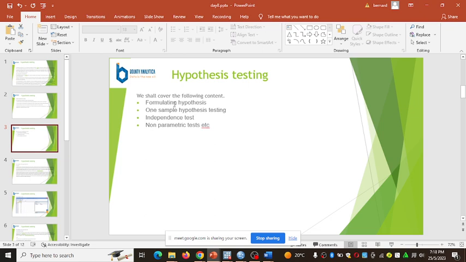Formulating hypothesis is an important step in statistical analysis process, and a hypothesis is a proposed explanation or statement that can be tested and potentially supported or rejected based on the evidence.